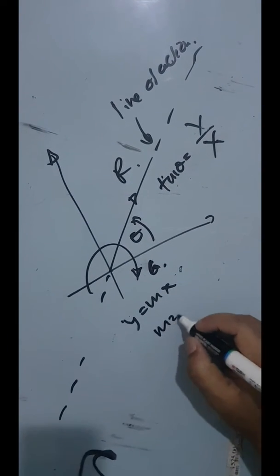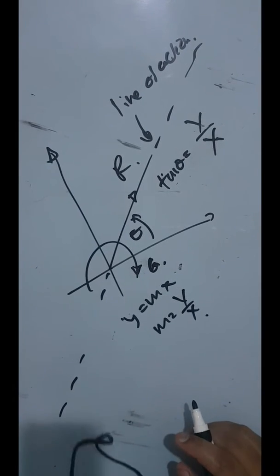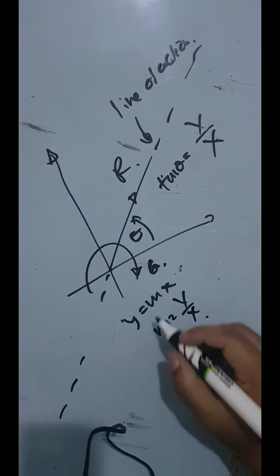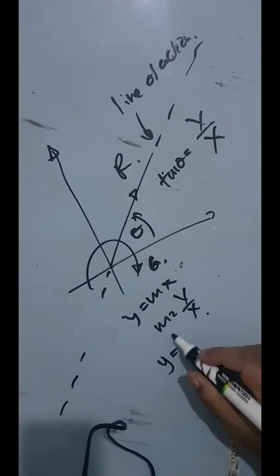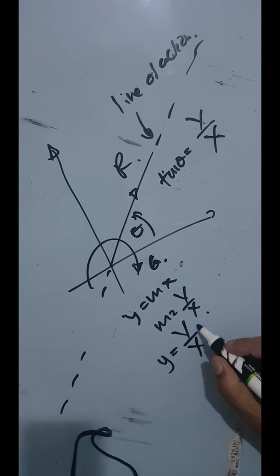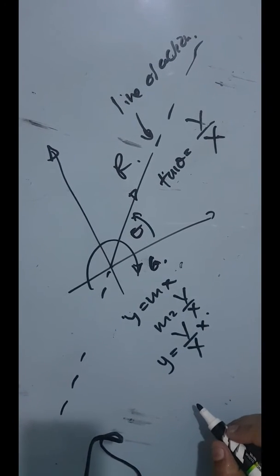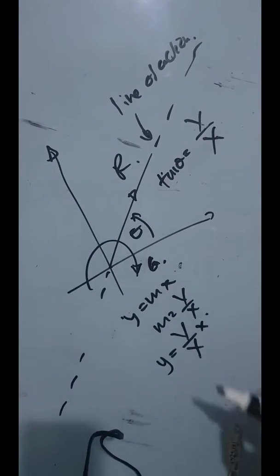So m here is also capital Y divided by capital X. Now the equation will become, replace m by capital Y over capital X times simple x, right? So this is the equation here.